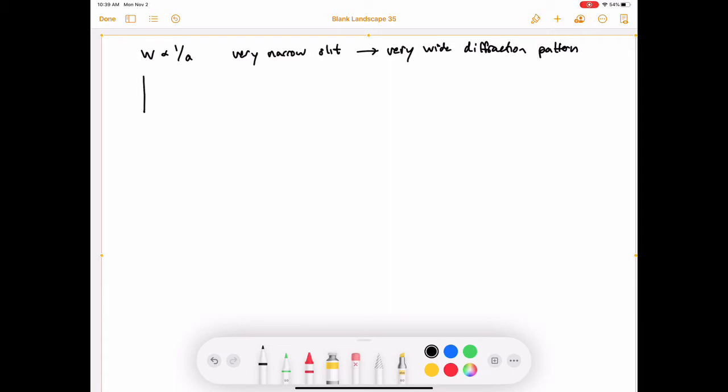If this is our slit, the width is A over here, and this is our viewing screen, and here's the central bright spot on the viewing screen, where the width is W. L over here is the distance between the two screens. And here's the center line.